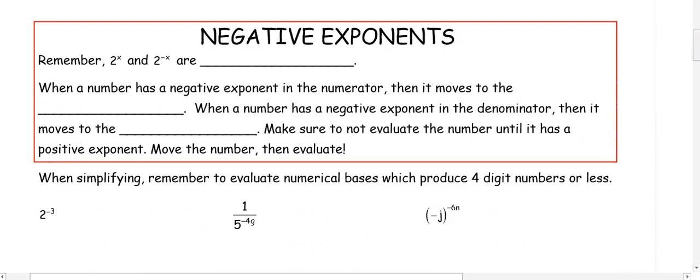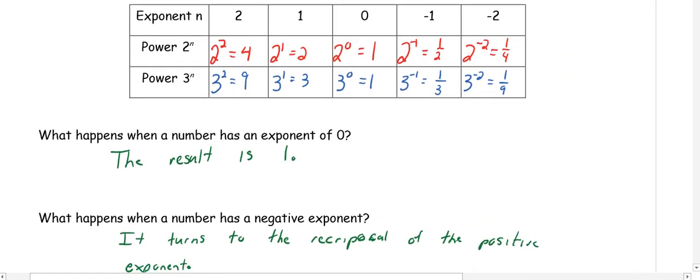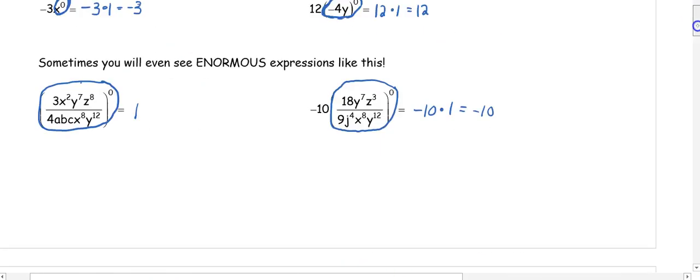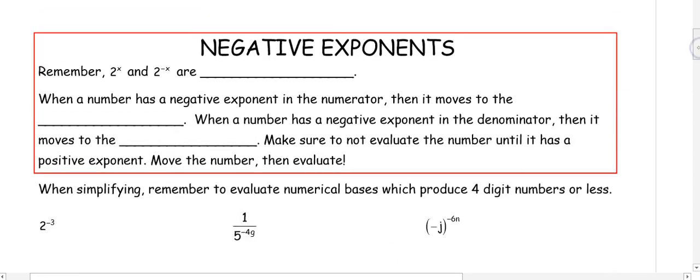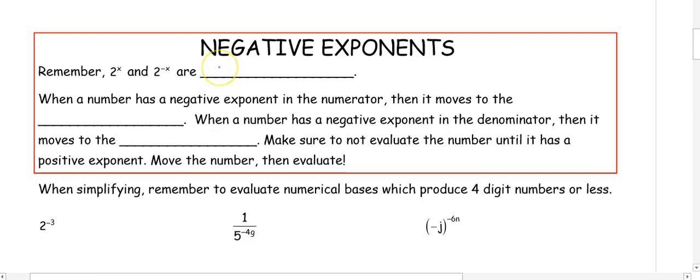Now let's switch gears and look at negative exponents. Remember from the table before, when we had 2 to the x and 2 to the negative x, so if we have 2 squared and 2 to the negative 2, those are reciprocals of each other.